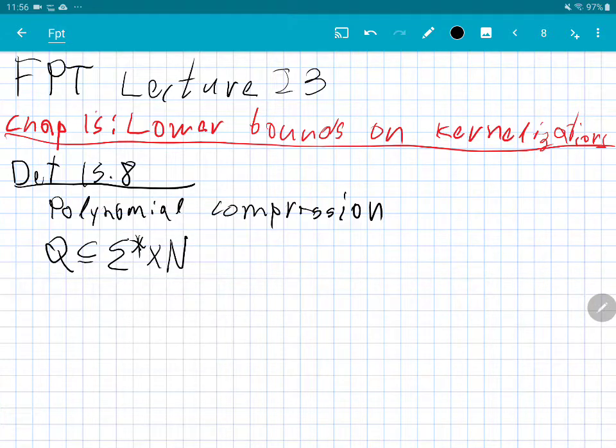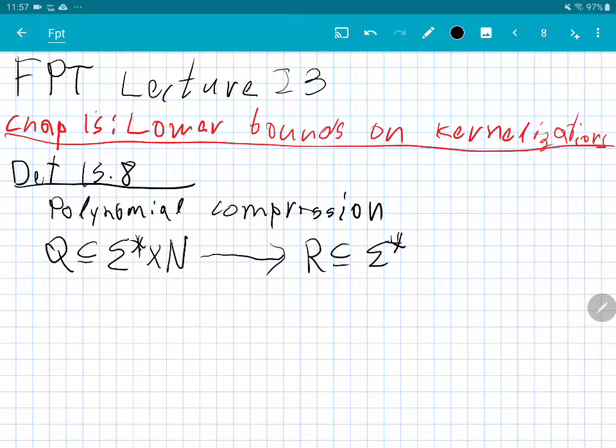And we have the compression, right? This is a mapping that maps it into a language R, which is part of sigma star, right?